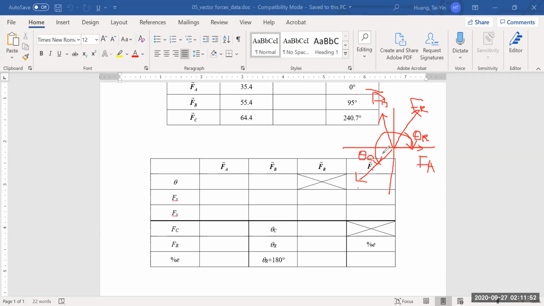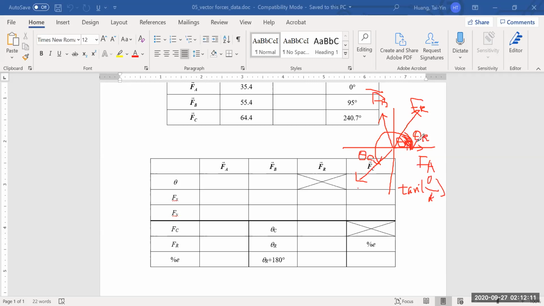I don't know, you have to do a calculation to see whether it is in the first quadrant or second quadrant. Let's say if that's in the first quadrant, you can define this angle as your theta R, and then use the inverse tangent, the opposite over the adjacent, to get your theta R.